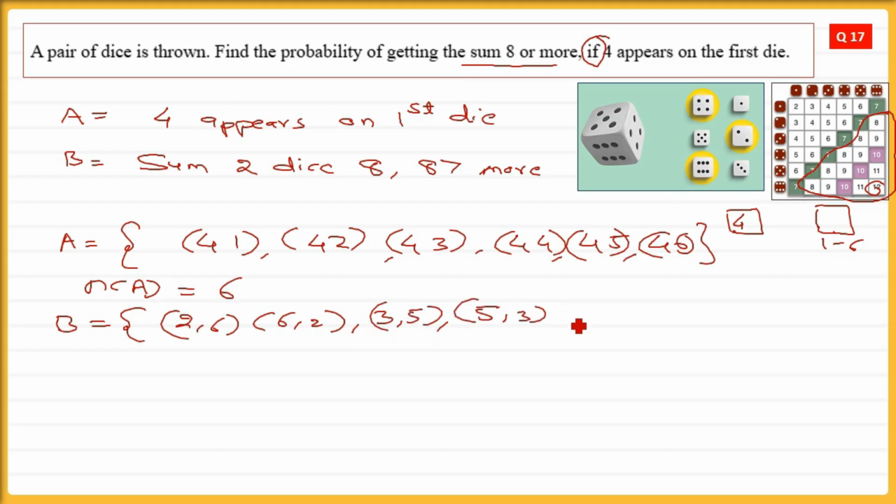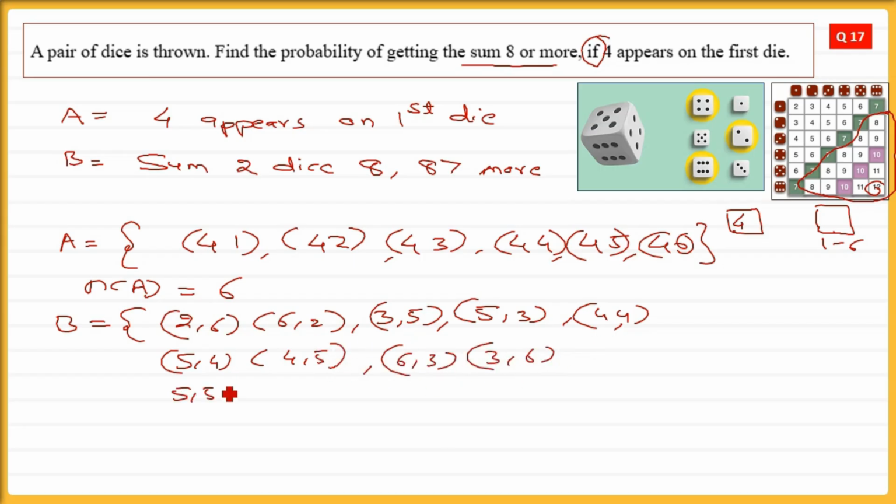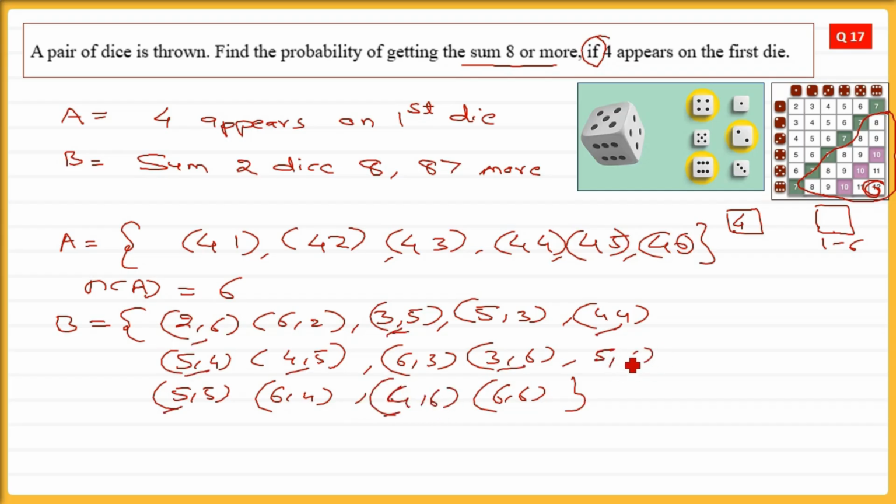In a set, multiple entries are not allowed. So 4, 4 can be from either of the dice, but only 4, 4 can be written. Then 5, 4 and 4, 5, this is for 9. Then 6, 3 and 3, 6. 10 is 5, 5, 6, 6 is 12. 6, 4 and 4, 6 will also give you 10. We need to add 5, 6 and 6, 5 for 11 also.